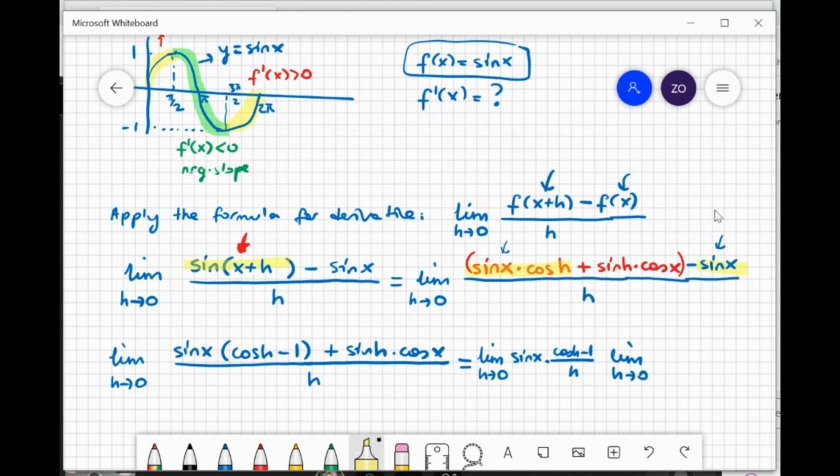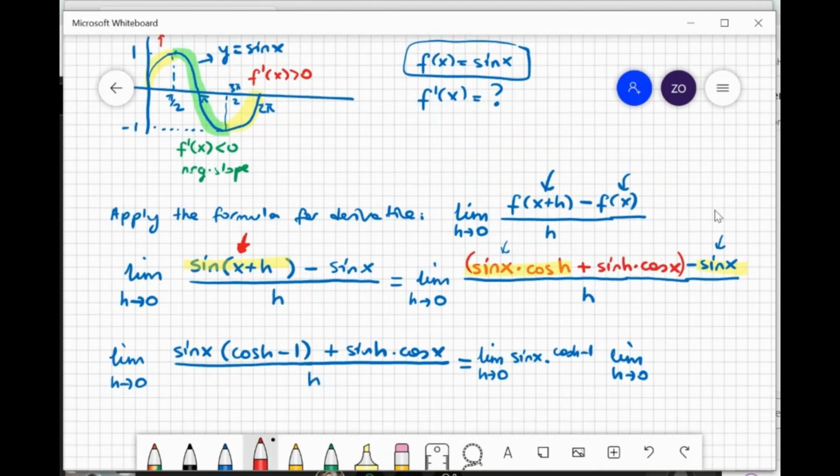Now what we did is we just plugged in x plus h into sine, and we plugged in x, so just apply the derivative definition, and here we applied the formula for the sum of two angles, the addition formula.